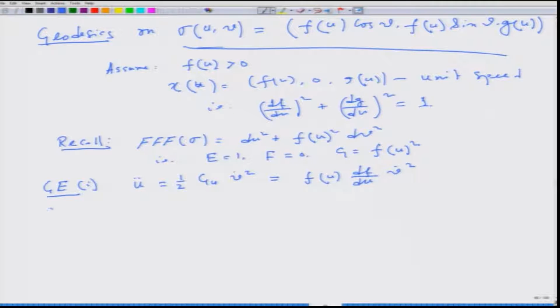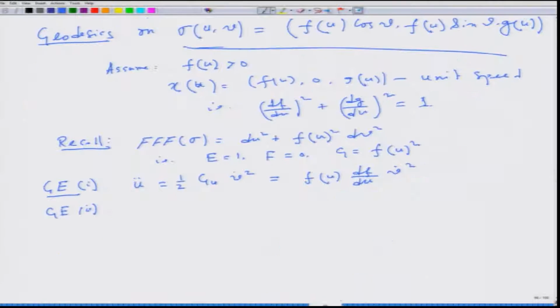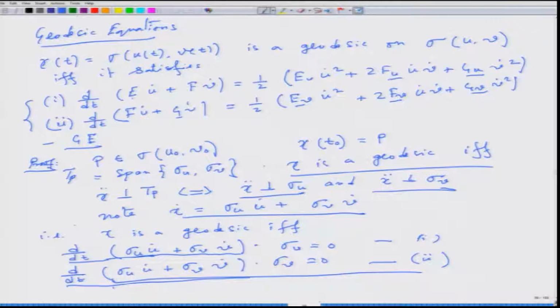What happens to the second geodesic equation? F is 0, G is f(u)^2, and G_v is 0, because G is a function of u only.